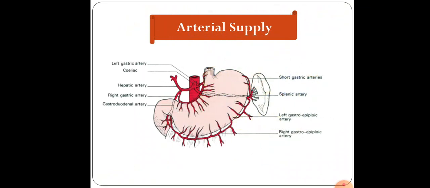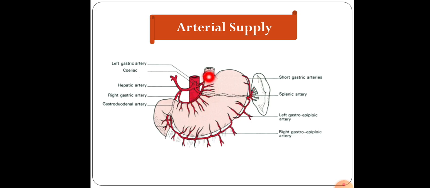Blood supply of the stomach. The stomach is an intraperitoneal organ, so it is completely covered by peritoneum except where the blood vessels enter the stomach. The blood vessels run along the lesser and greater curvature.